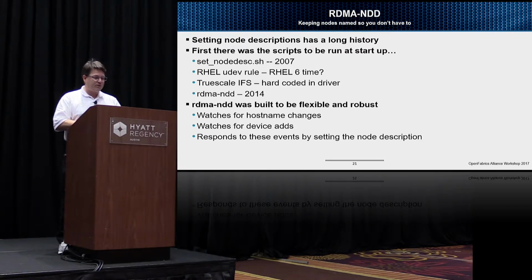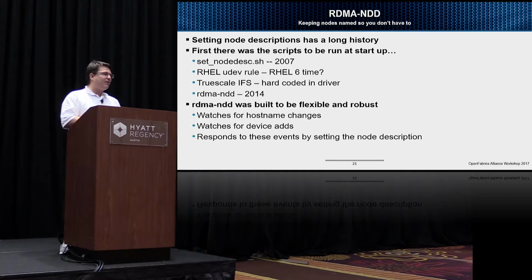I personally wrote a script 10 years ago to attempt to do this on our clusters at Lawrence Livermore. I believe that rdma-ndd has finally done what we really want to happen, which is set your node description to your host name automatically, reliably, without race conditions, every single time, if your host name changes, when a device comes up, forever.